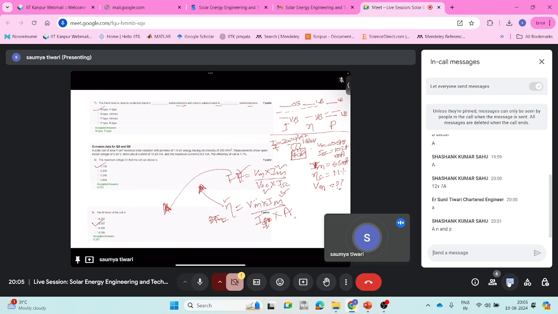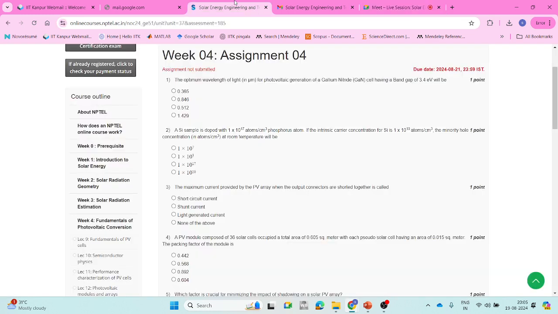Whatever numerical sir has explained and the lecture content that sir has delivered in these modules are enough to solve your assignment questions.